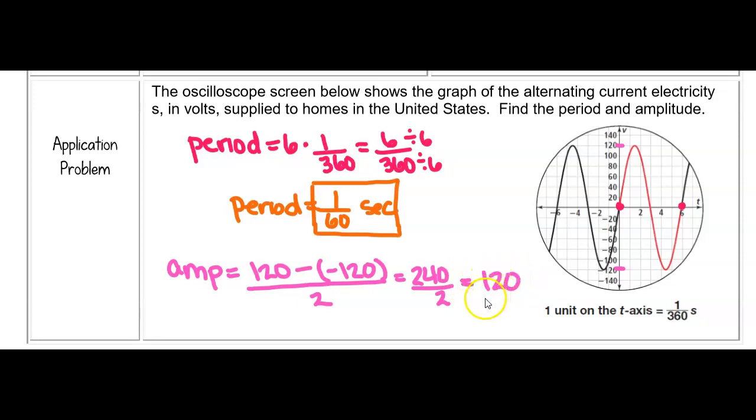So it's 120 volts. So again, if you drew that little midline through the middle of your graph, you can see that either from the midline you're going up 120 volts or you're going into the negatives 120 volts from the middle of the graph.